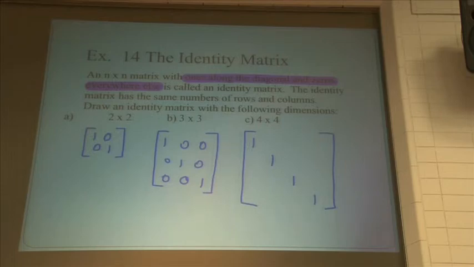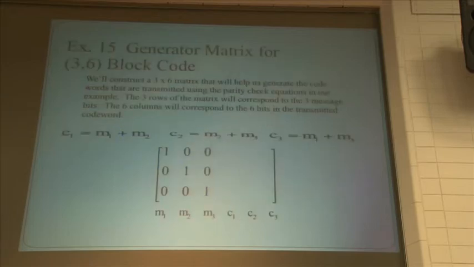Fill in your zeros everywhere else. Okay. Relatively painless so far. All right. 1s go on your main diagonal, left to right. Fill in zeros everywhere else. So that's the identity matrix.